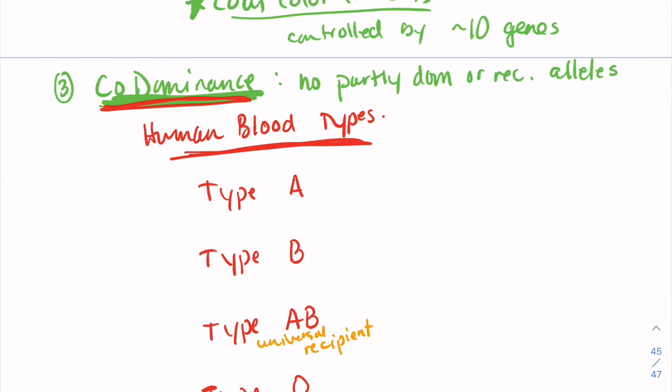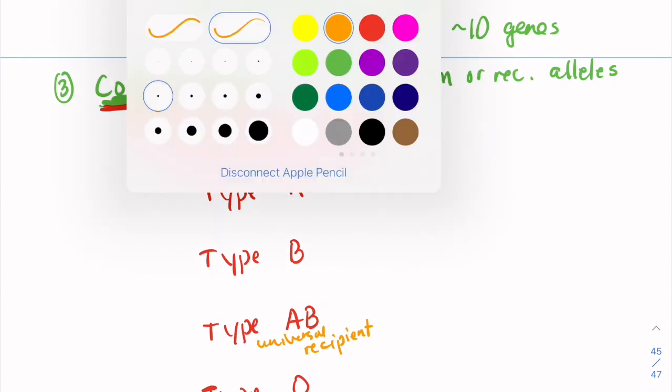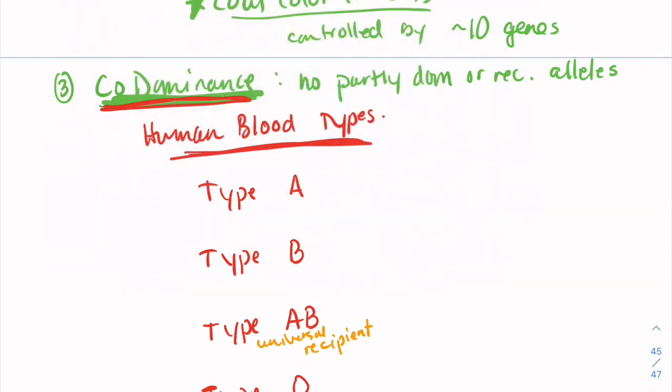There we go. And here's why. Because this has to do with immunology. Let's talk about what makes type A blood, and what makes type B blood. And to show you this, people with type A blood have red blood cells.